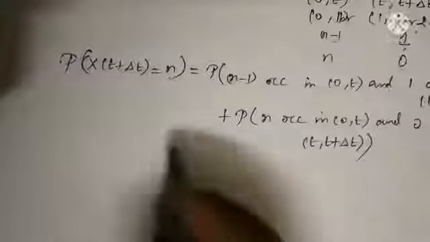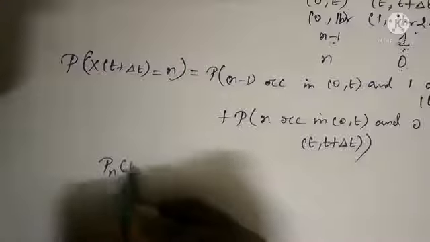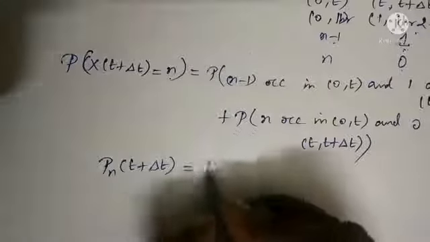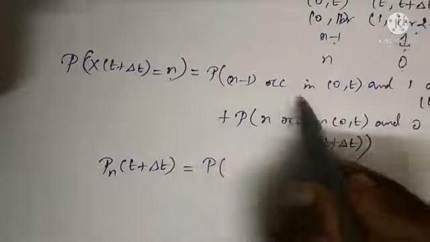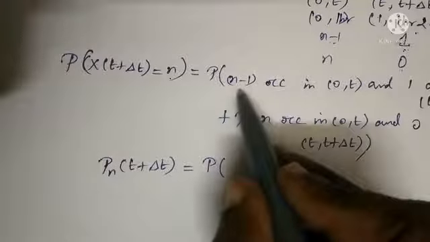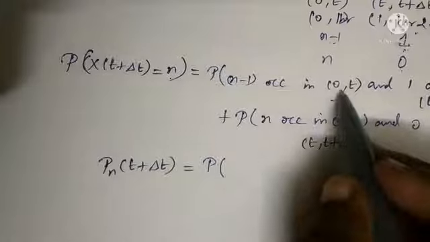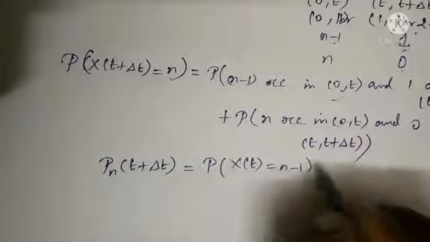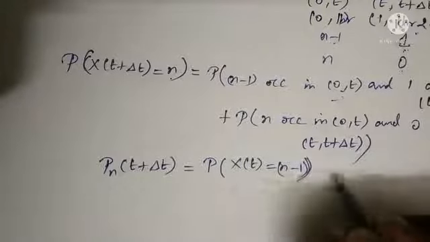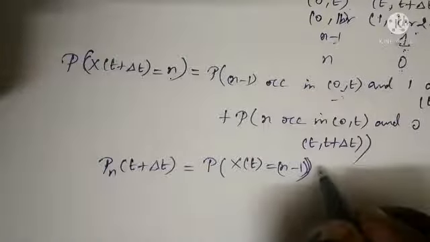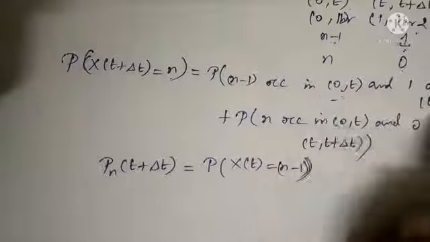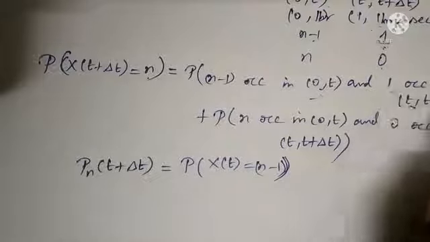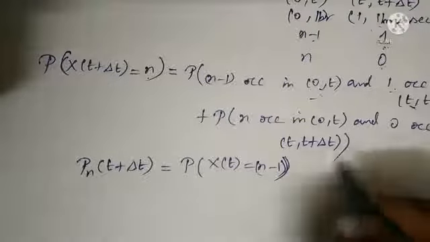So let us rewrite it as Pn of t plus delta t is equal to the probability of n minus 1 occurrences in the interval 0, t, which can be written as P of X of t equal to n minus 1. The occurrences are independent here.